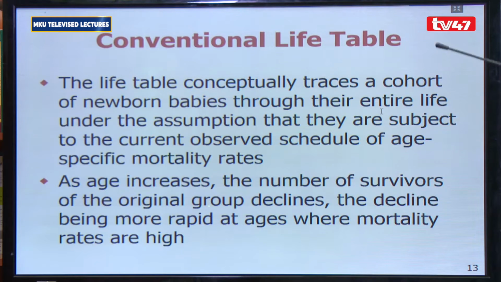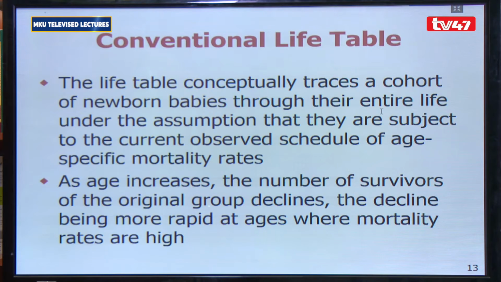So in our conventional life table that we had in the example, the table conceptually traces a cohort of newborn babies through their entire life under the assumption that they are subject to the current observed schedule of age-specific mortality rates.